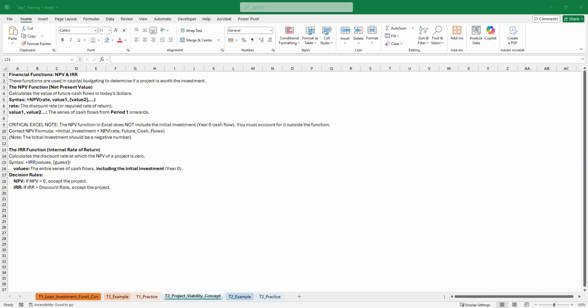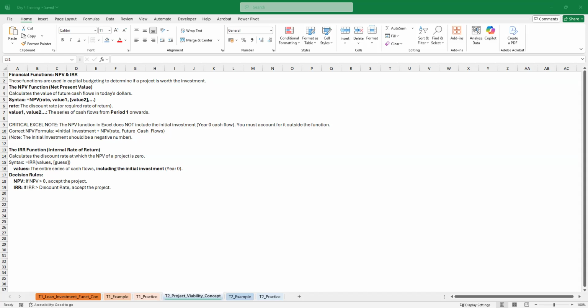This is where the project viability concepts come into the picture. There are basically two functions: one is NPV and the second is IRR. NPV is net present value. It tells us what a stream of future cash flows is worth in today's dollars, after accounting for an initial investment.